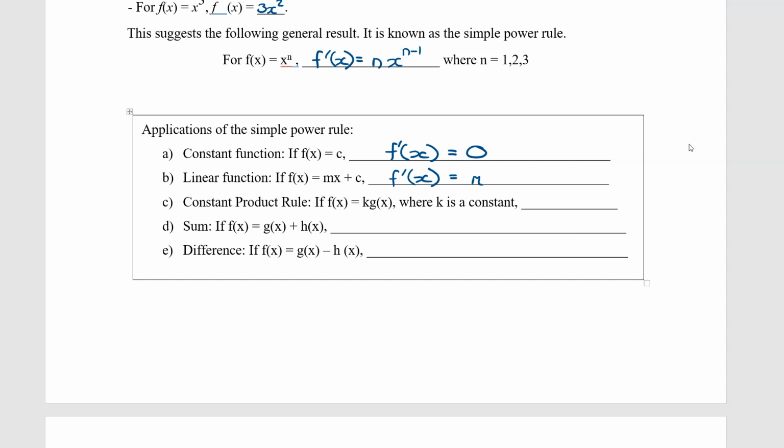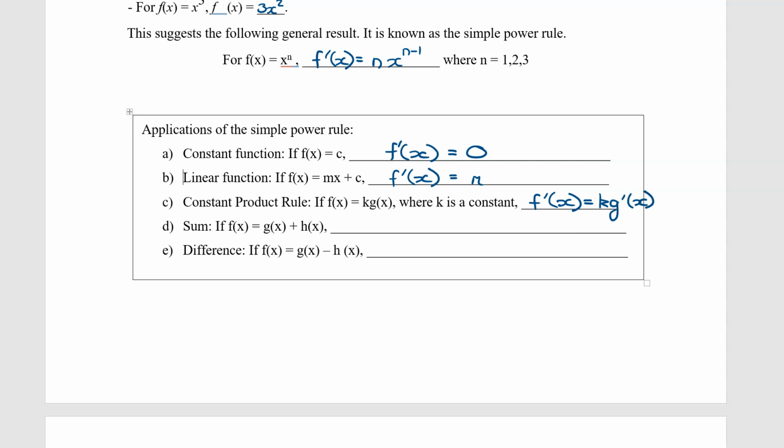Now going down, constant product rule. If f of x is defined as k times g of x, where k is a constant, then what we'll find is that f dash of x is going to be k times g dash of x.